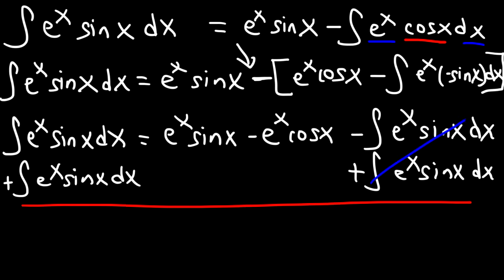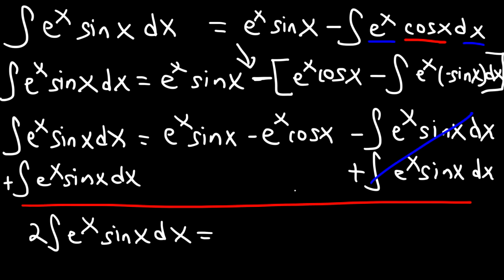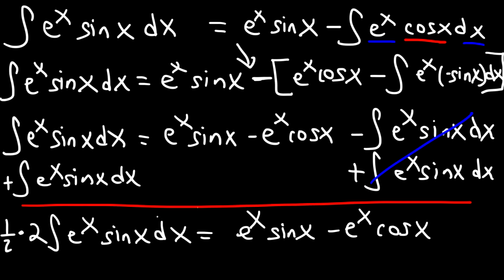So on the right side, these will cancel. On the left side, we have 2 times the integral of e to the x sine x dx. And that's equal to e to the x sine x minus e to the x cosine x. Now, all we need to do is multiply both sides by a half.